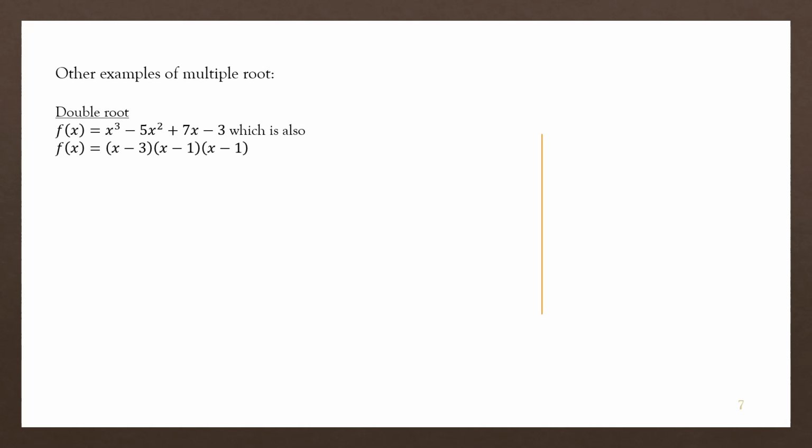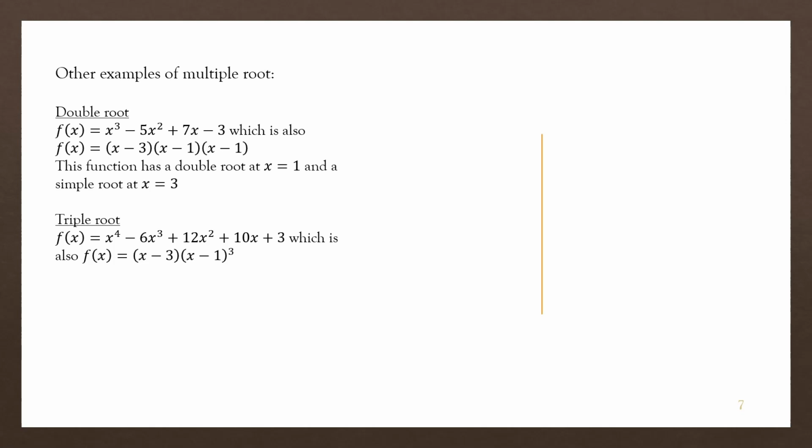So you have 3 roots because it is a cubic function, but 2 of the roots are actually the same value. You have x equal to 3 as the simple root of that function, and you have a double root at x equal to 1.